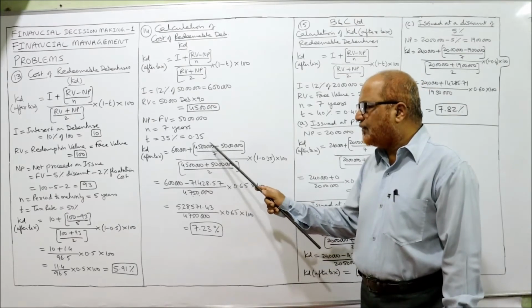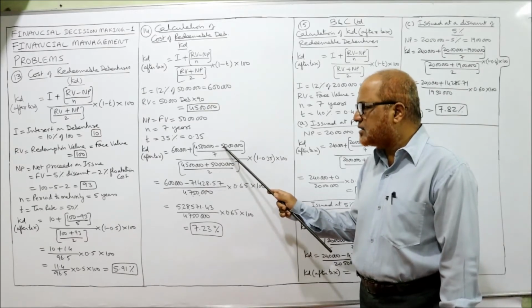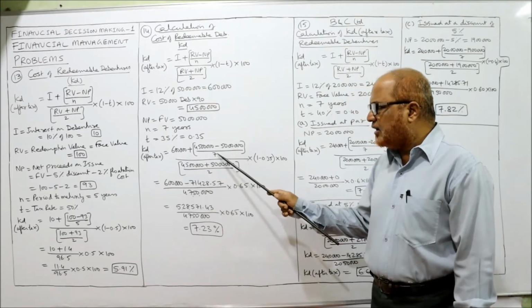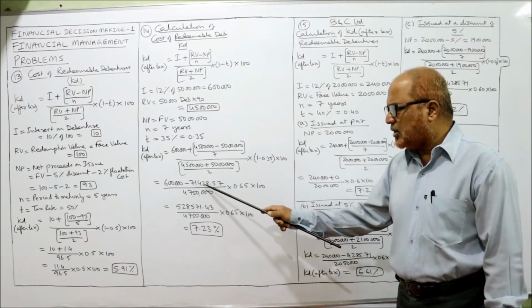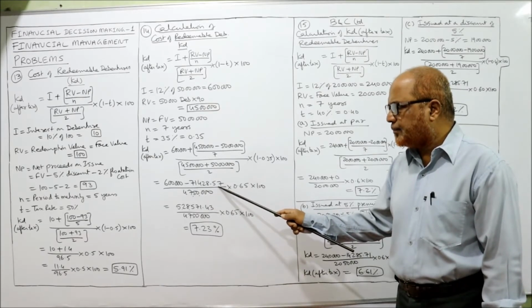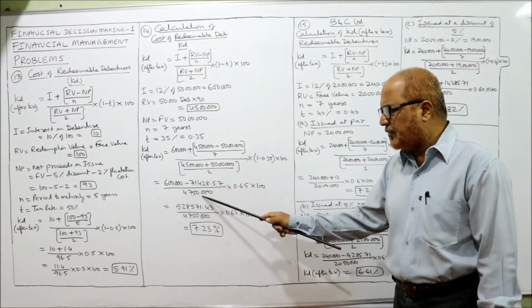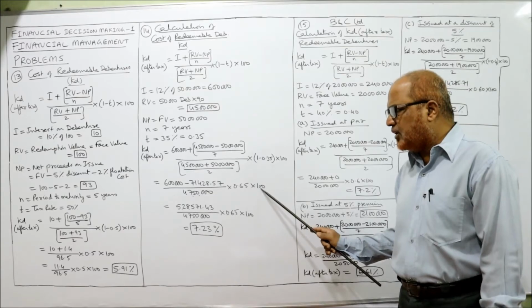In bracket 45 minus 50, you will get minus 5 lakh. Right? The plus into minus will become minus. So 5 lakh divided by 7, you will get 71,428.57. Right? Denominator (45 plus 50) divided by 2, 47 lakh 50,000 into 1 minus 0.35 is 0.65 into 100.